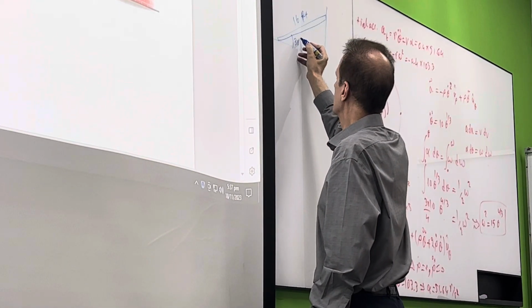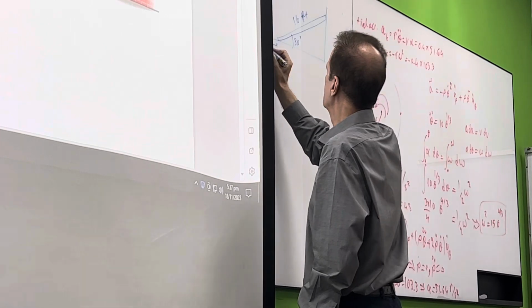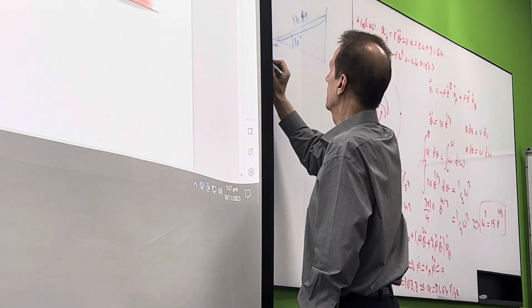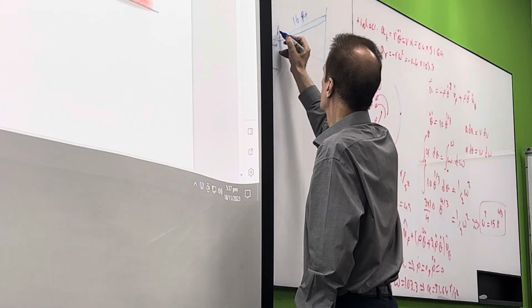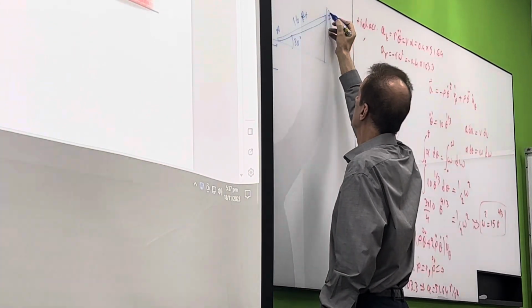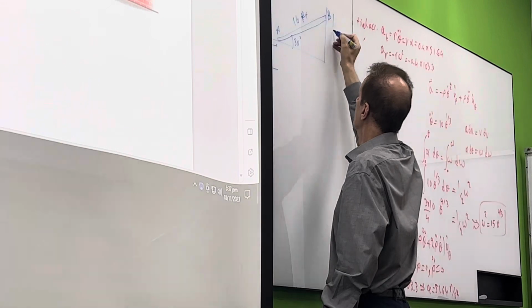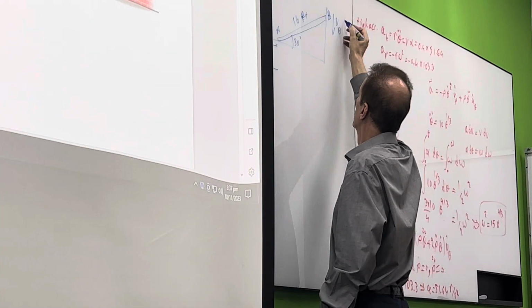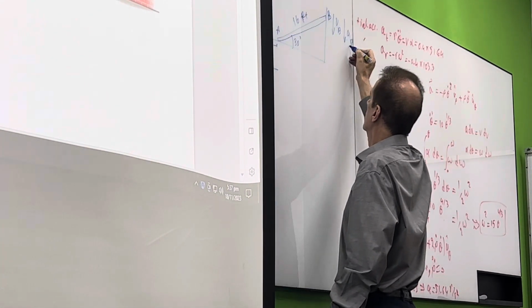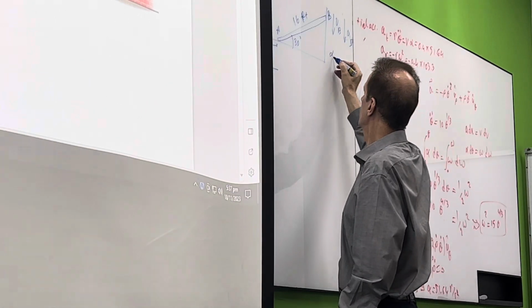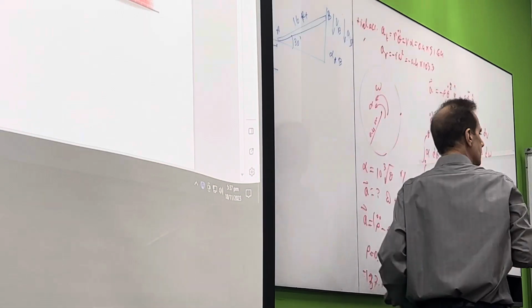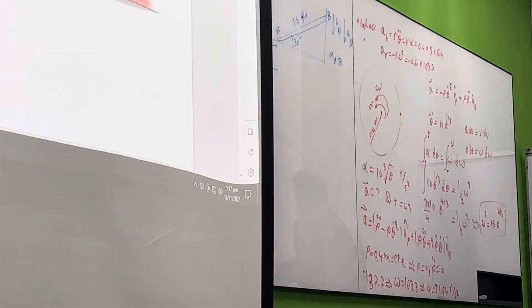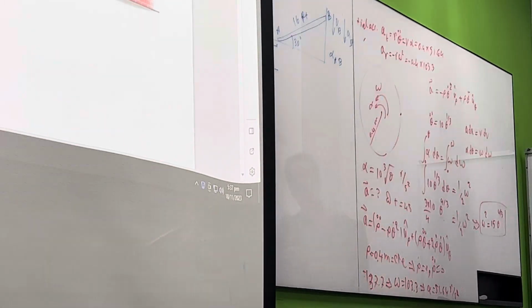It's 30 degrees, and here we have VA. That's point A. Point B is in question. VB, AB. Besides, it wants to know alpha of AB, the angular acceleration of that. Look what I do.